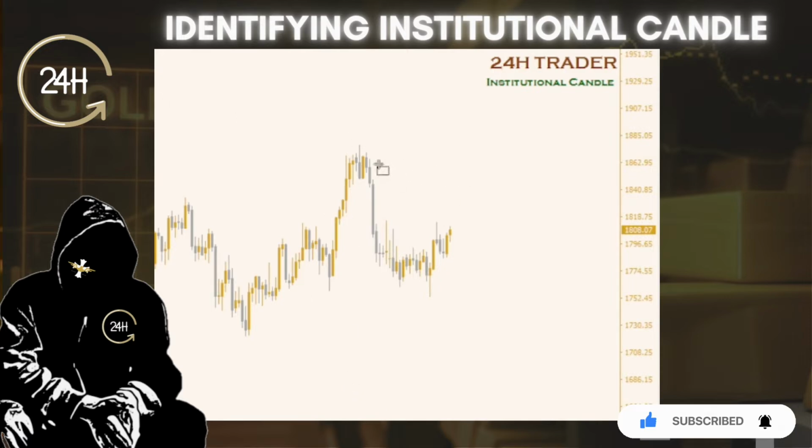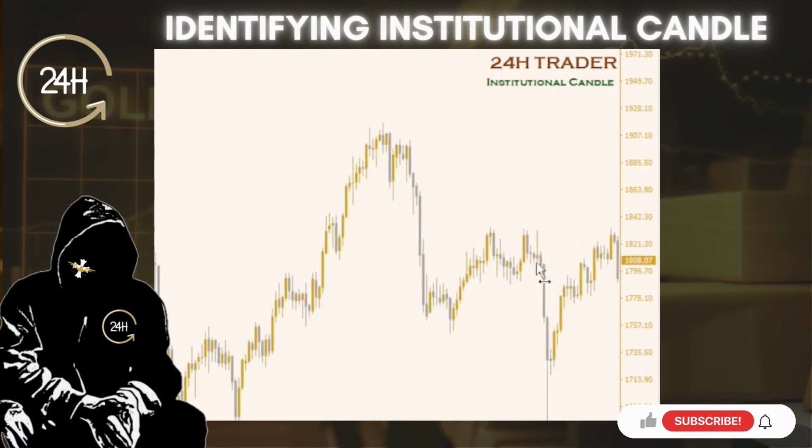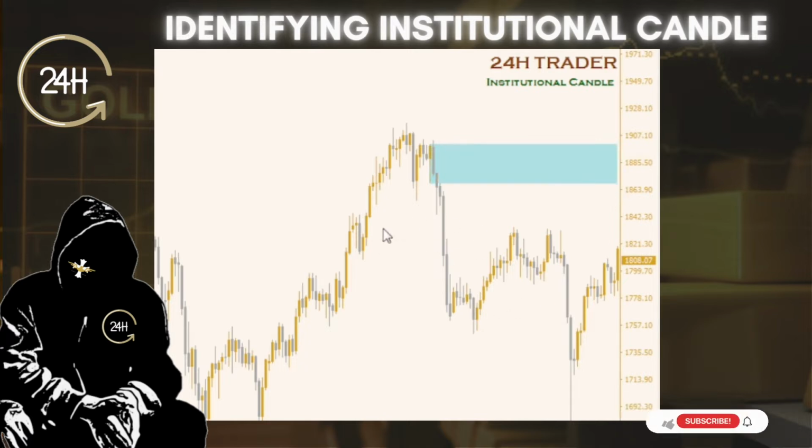Now let's move on to the daily time frame of the gold market. For this gold market, you can see that this is the last bullish candle before a bearish trend.